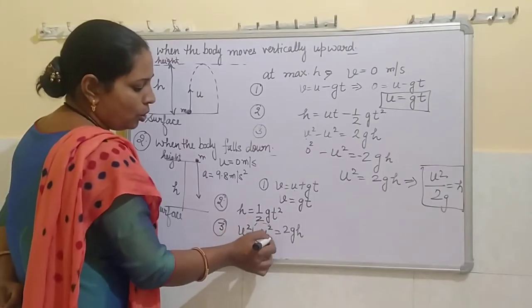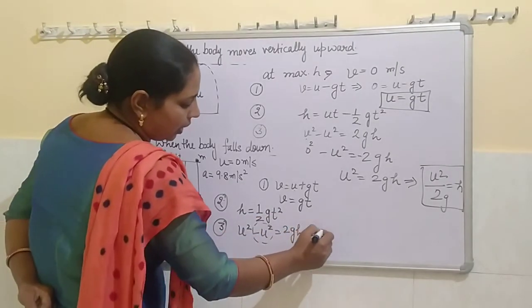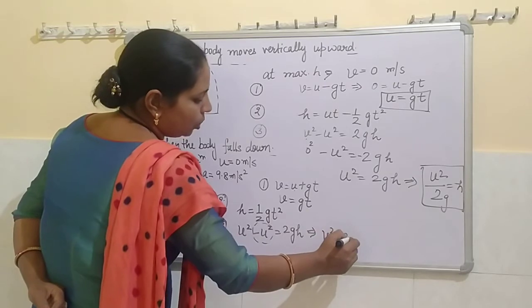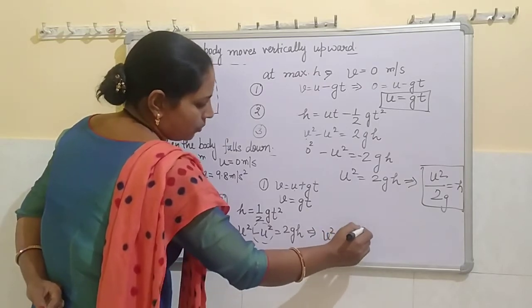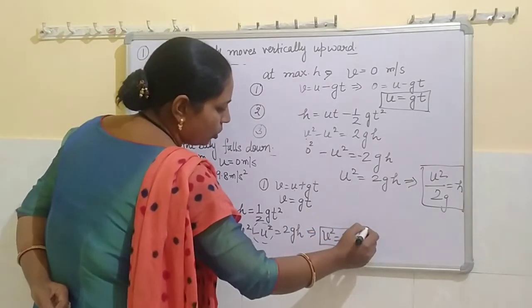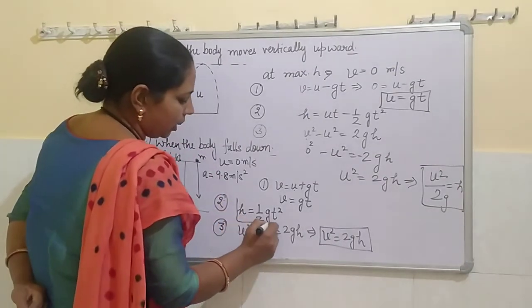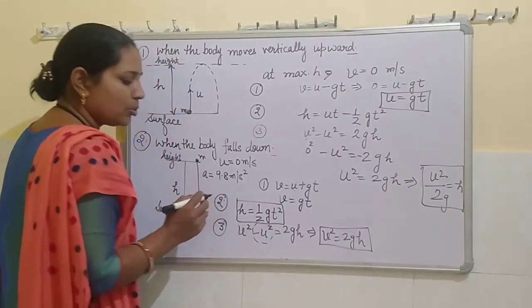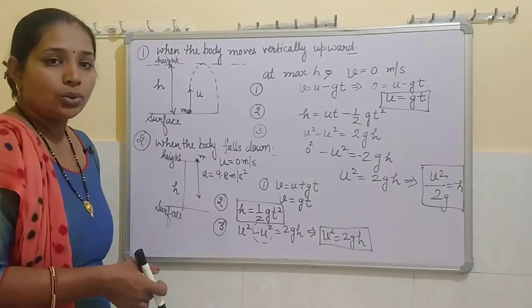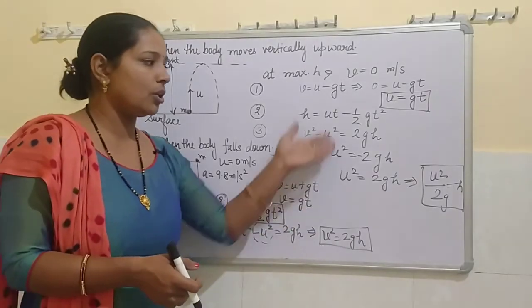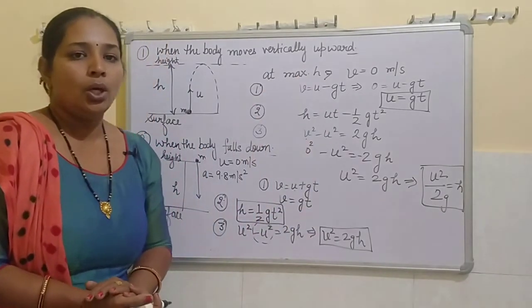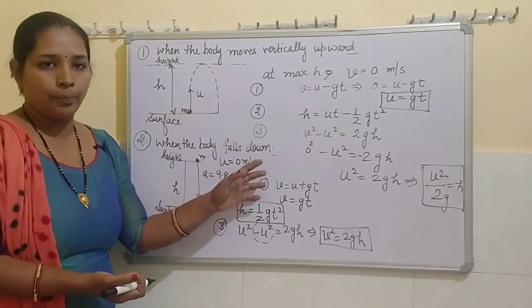Here u is 0, so we can simply write it like this: v square is 2gh. So these are some short tricks to calculate the distance, the maximum height, the final velocity, the initial velocity or time taken by the body during its free fall.